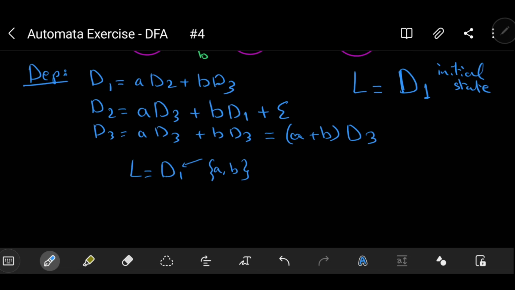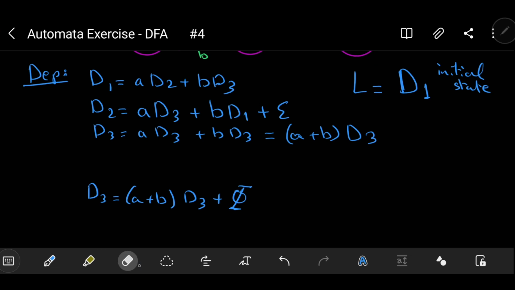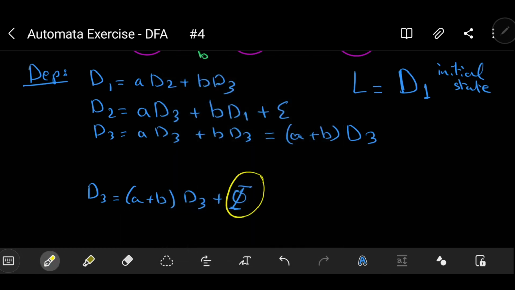D3, let me start. D3 is equal to A plus B D3, and we can put here the phi. Removing this, we have D3 phi.